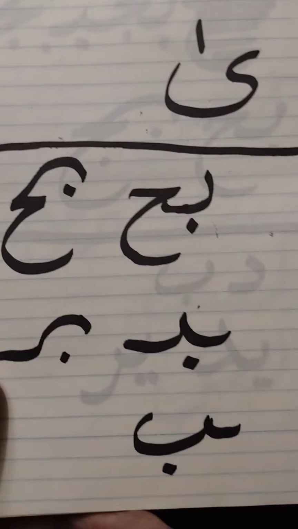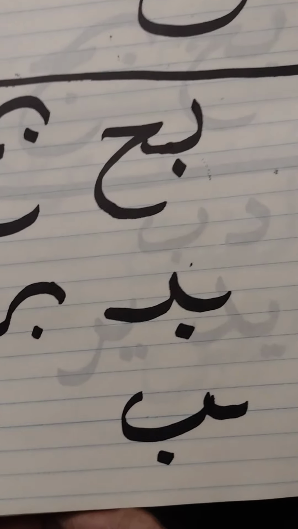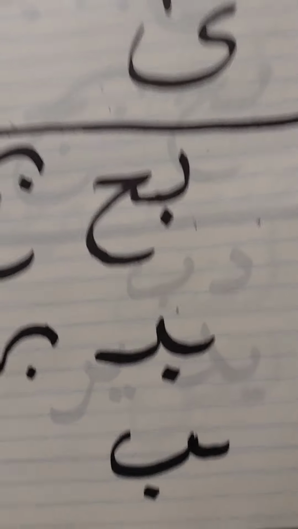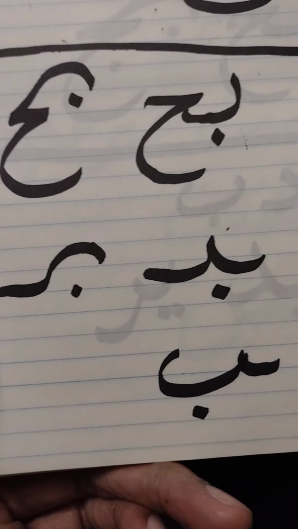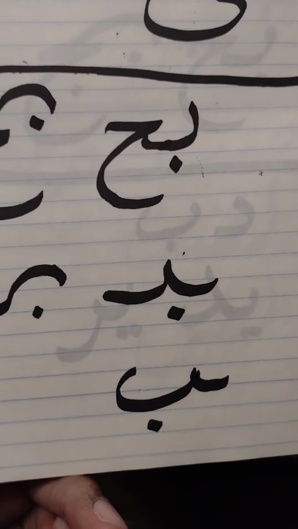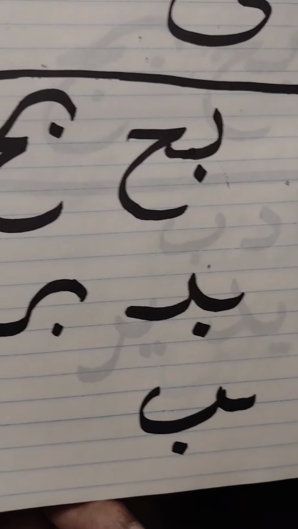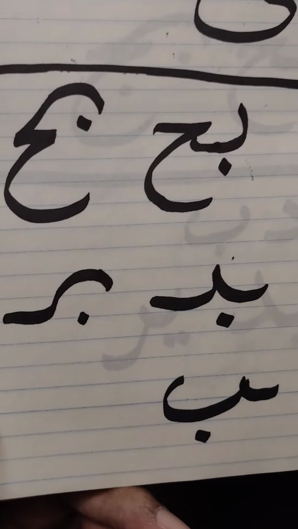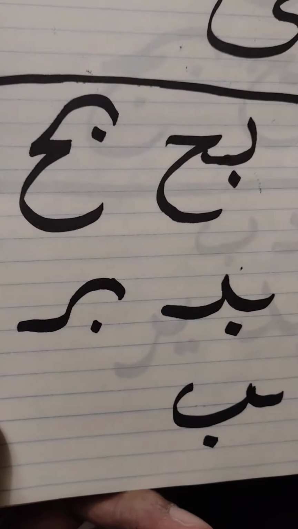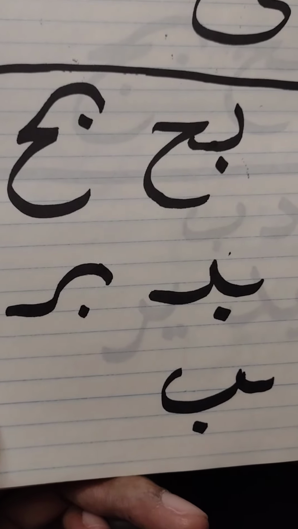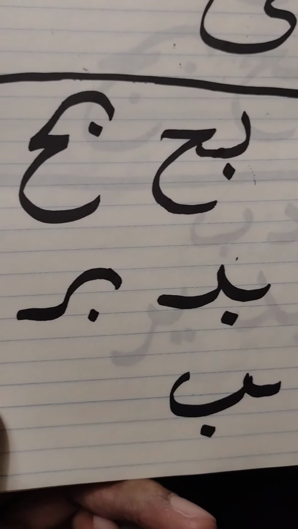Okay, so how about the next three letters? Ba, ta, tha. And actually, you can lump the noon and the ya in with these three as far as how they appear in the beginning of a word. But at the end of the word, of course, you retain the bowl for the ya and the noon, and you retain the boat for the ba, ta and tha.